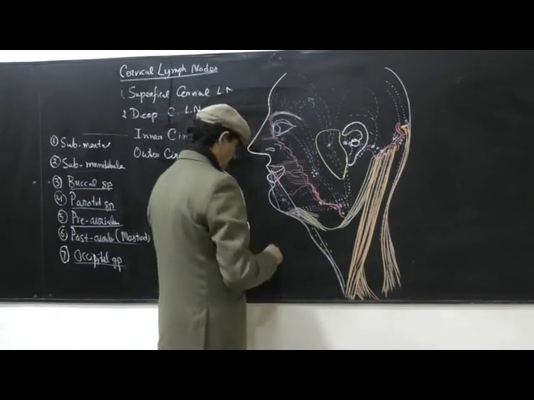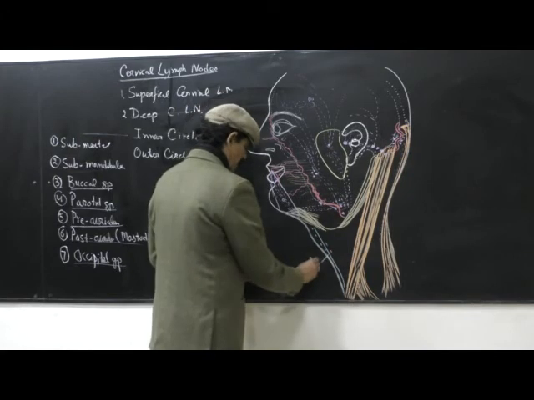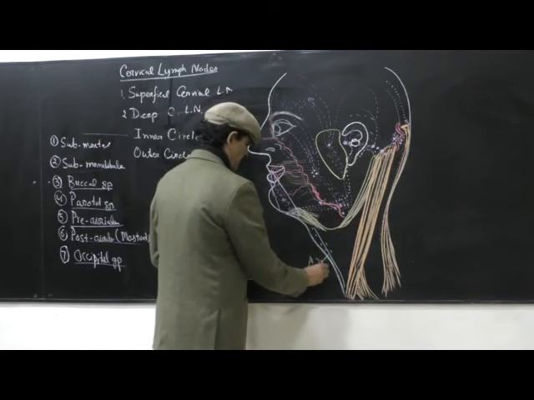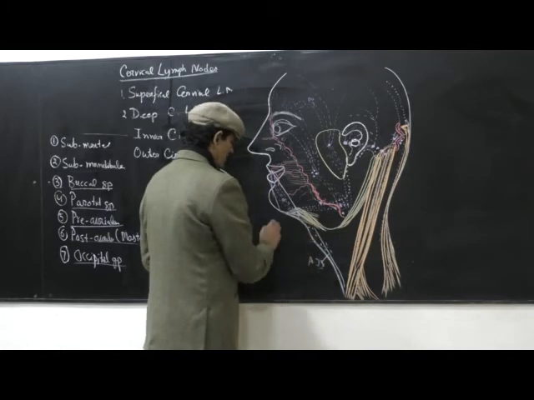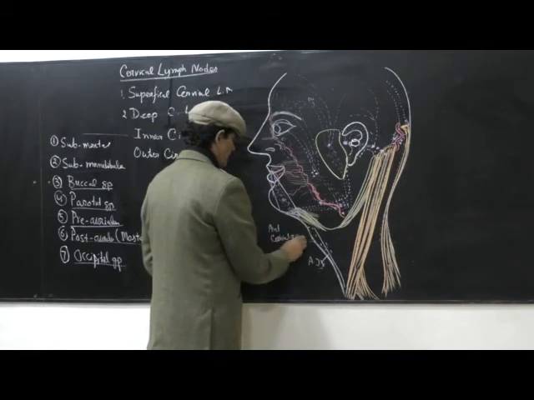So they are along the anterior jugular vein, and these lymph nodes are called the anterior cervical group of lymph nodes.